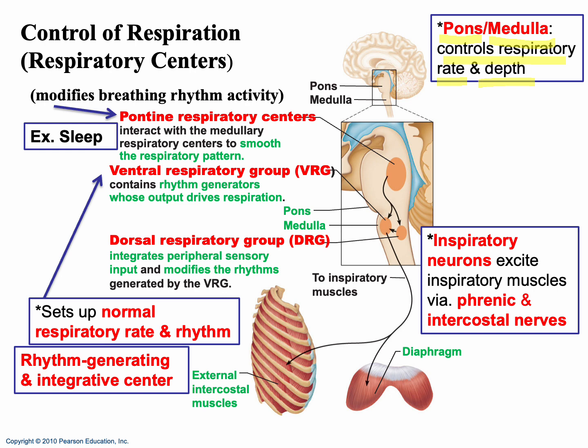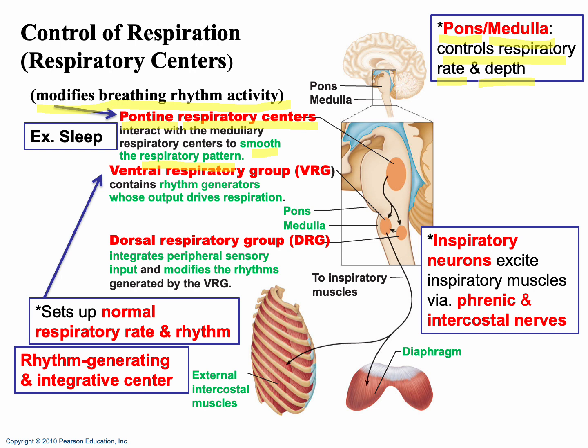We'll find several different structures up in the pons and the medulla oblongata. Up in the pons, we have what's known as the pontine respiratory centers. Ultimately, this structure modifies breathing rhythm activity and helps to smooth the respiratory pattern of our breathing, such as when you're sleeping.